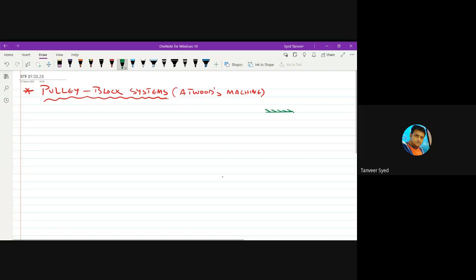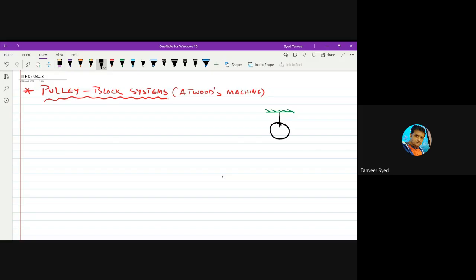This is a fixed rigid support from which a pulley is suspended. What is a pulley? I think you might have seen a pulley or used it sometime. We use it to draw water from a well.